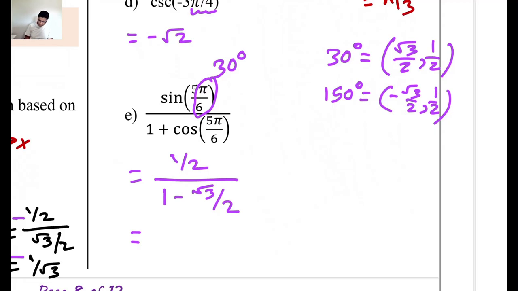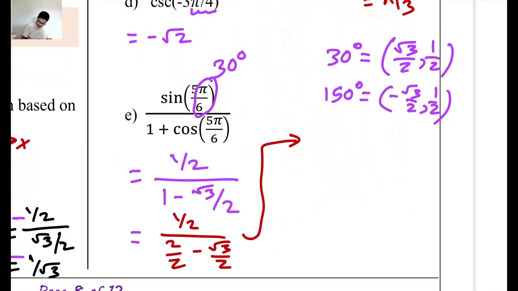1 over 2 over, now we'll take the common denominator, right? 2 over 2 minus root 3 over 2. That 1 I rewrite as 2 over 2 so I can have a common denominator. I took the common denominator.